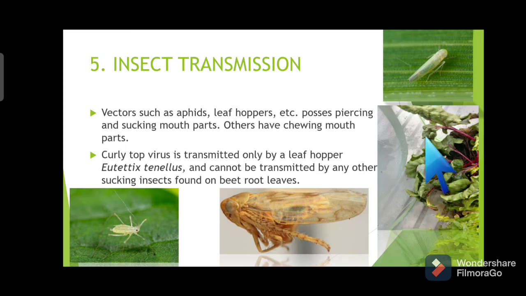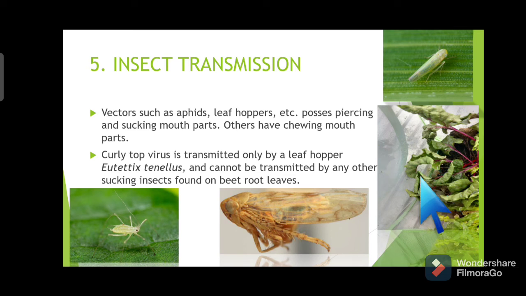This virus disease is actually transmitted only by this leaf hopper, and the name of this leaf hopper is Euthetic stenulus. Only this leaf hopper can transmit this disease, the curly top virus of beetroot.